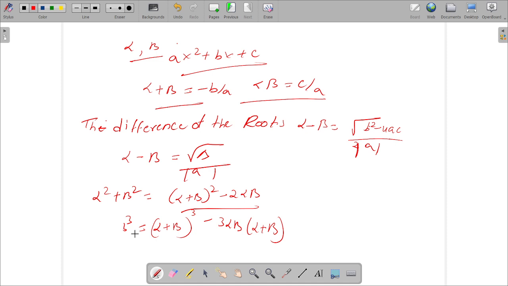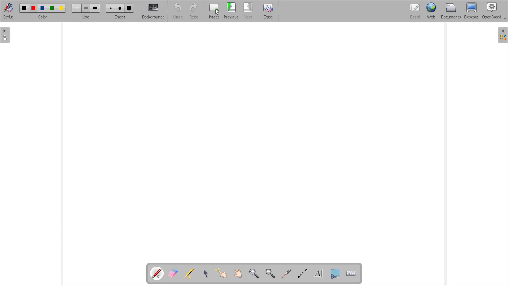Okay, now this is nothing but alpha cube plus beta cube. Similarly, they can write for alpha power 4 and other things. The rest of the things are written in this way. So these are some of the relationships which would be useful, using polynomial definitions and formulas. And moreover, you can learn these also.